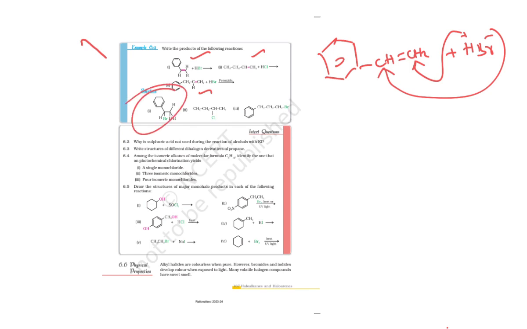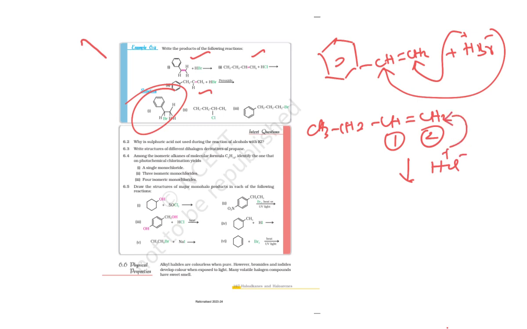Next we go for another one, that is but-1-ene, CH3, CH2, CH double bond CH2. Here 2 hydrogens are there, here 1 hydrogen is there. It reacts with HCl. So H plus goes to CH2, Cl minus goes to the CH. What is it going to form? CH3, CH2, CHCl, CH3. Clear? Okay, so this is the second.